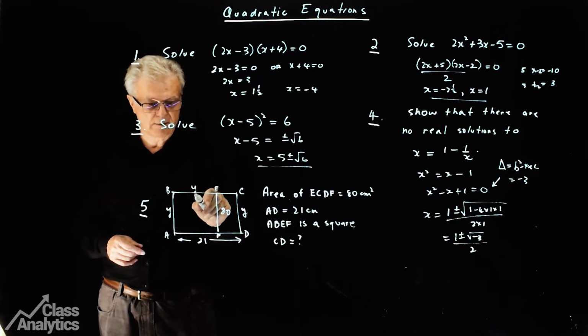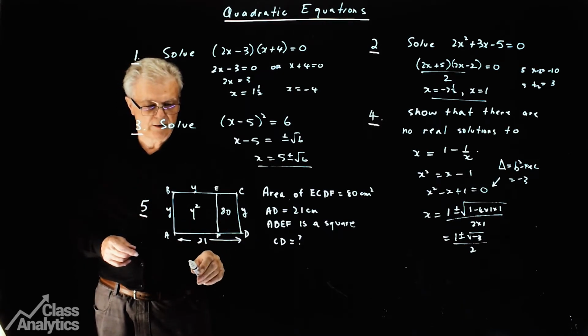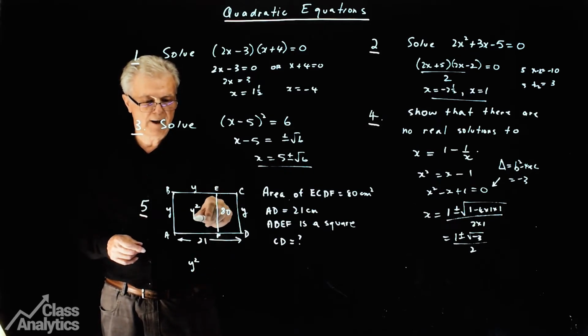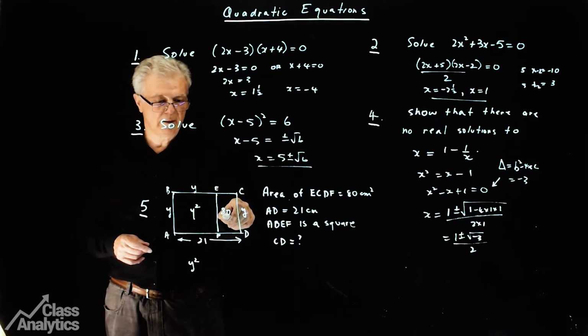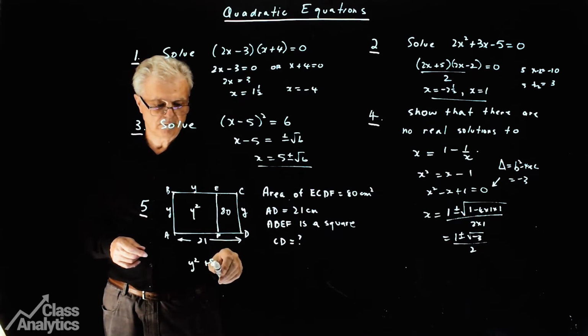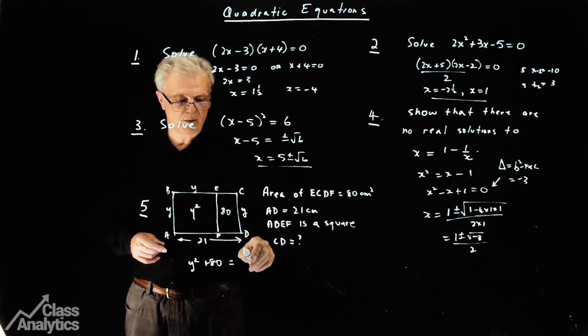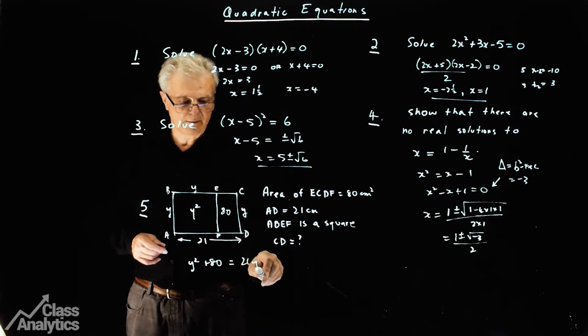This will be y. So the area of the square is simply y squared. So we know that y squared, the area of the square, plus the area of this one, which is 80, must equal the area of the total rectangle, which is 21 times y, or 21y.